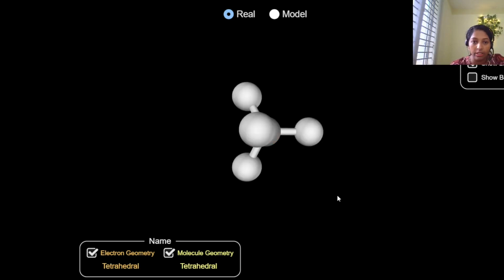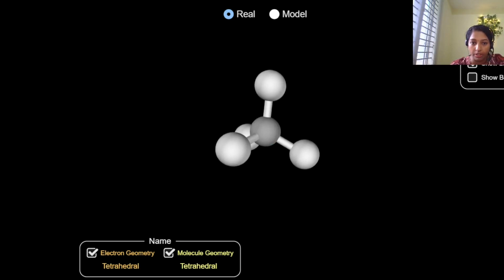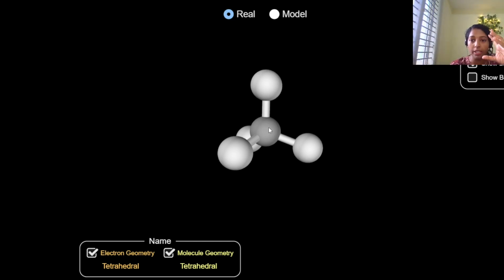So this is what you call a pyramid. The base is like a pyramid, and on top there is one more extra atom. Without the top you can consider it like a pyramid. Got it? Or you can imagine the carbon atom is inside the middle of the pyramid, and all hydrogen atoms are pointed towards the corners of the pyramid.